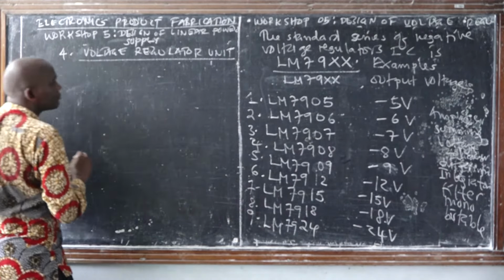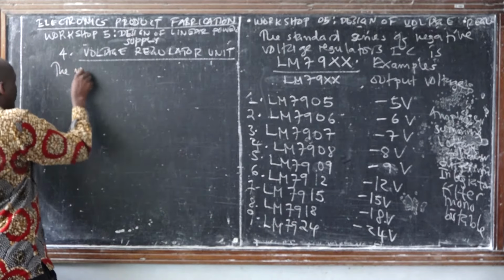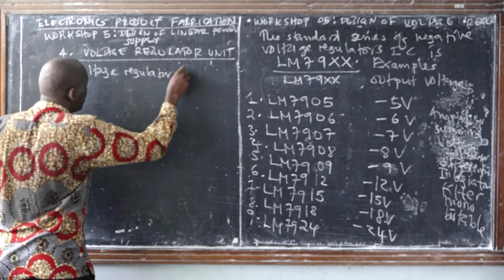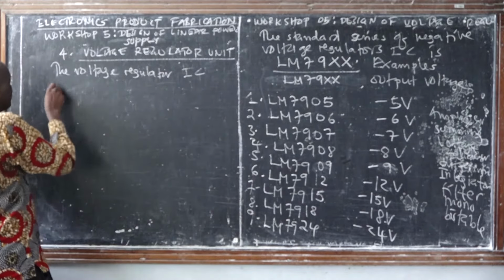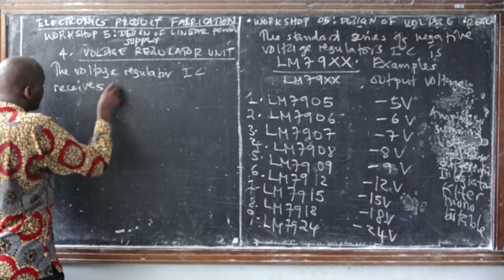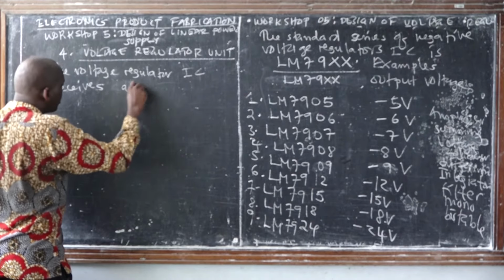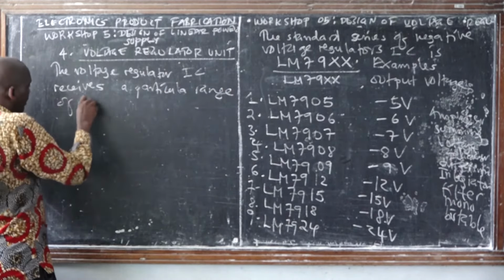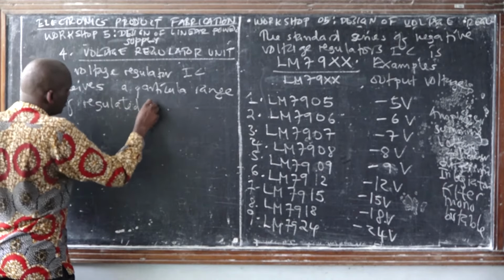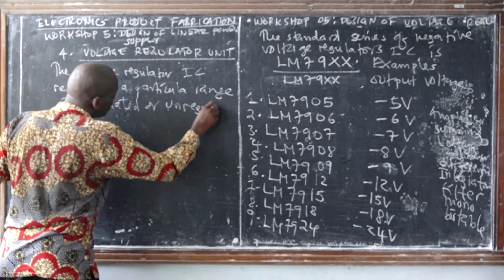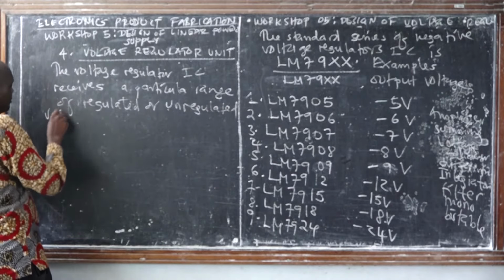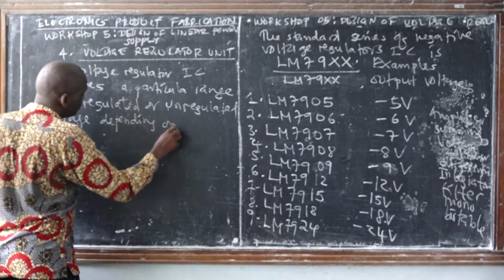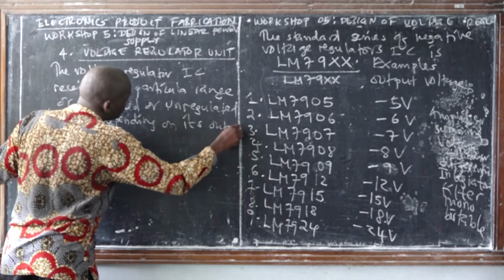So we say that voltage regulator ICs receive a particular range of regulated or unregulated voltage, depending on the output.